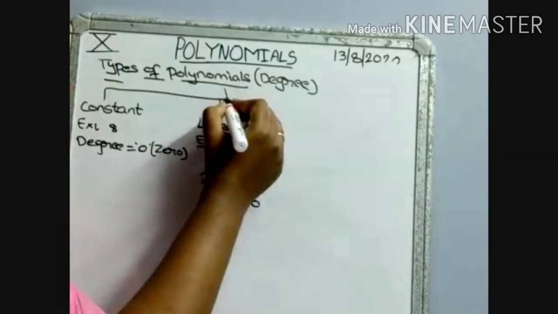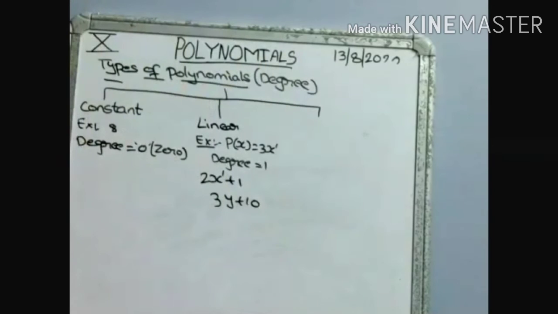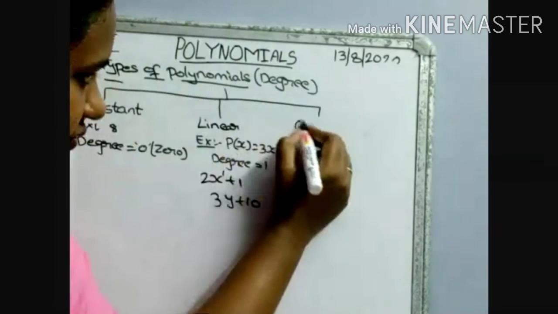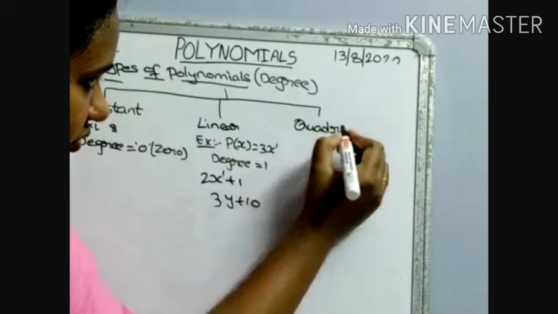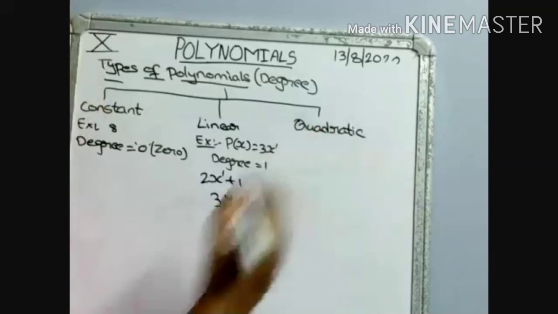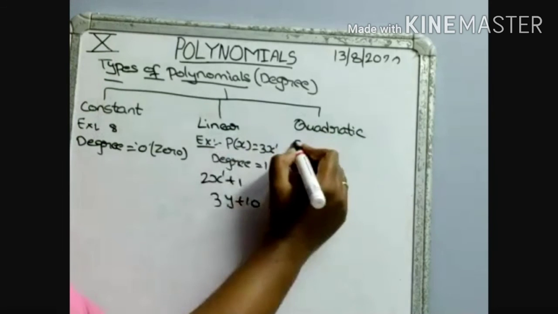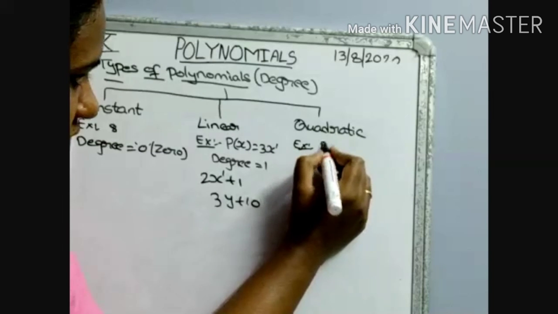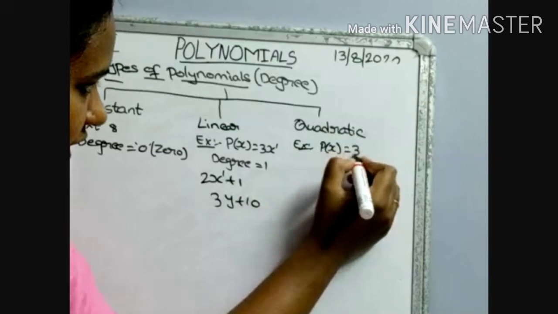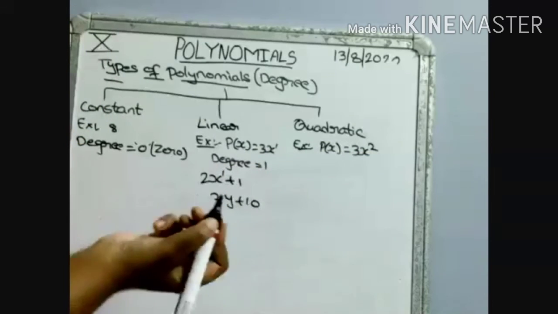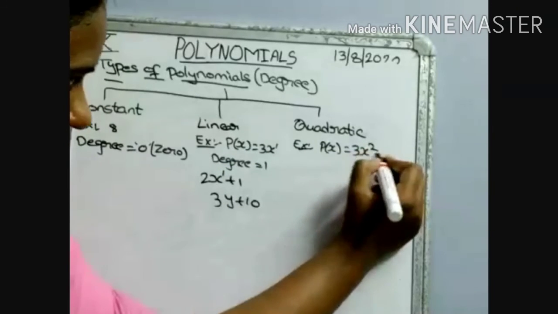And after that we can take the quadratic polynomial. Quadratic means nothing but degree 2. If you take an example, p of x equal to 3x square plus 2x plus 1.